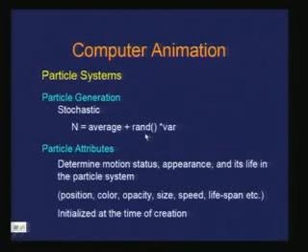There is some randomness, and then there is this variance, which will keep changing depending on at what instance of time you are generating these particles. So that makes the process of getting these particles stochastic.